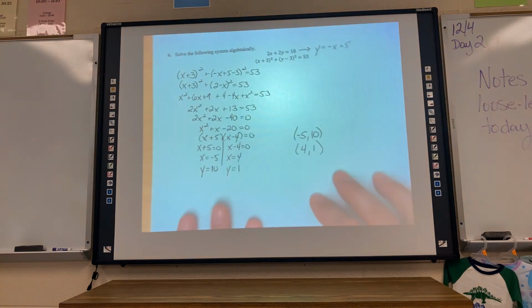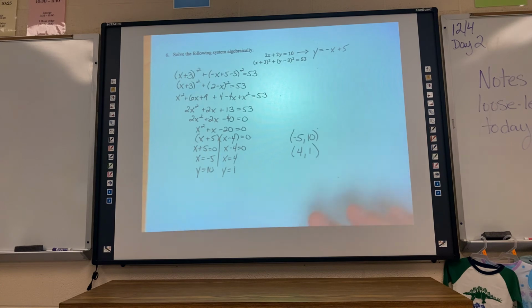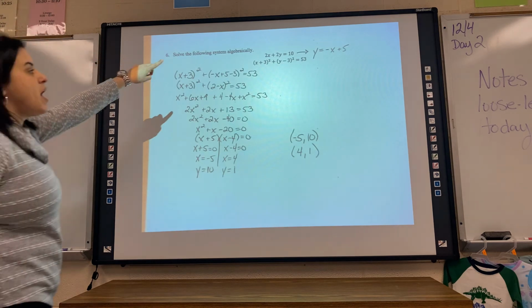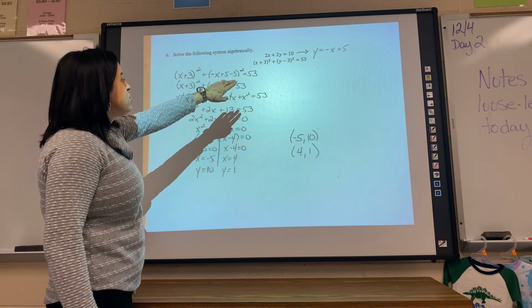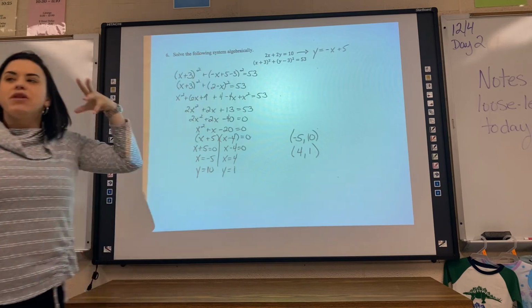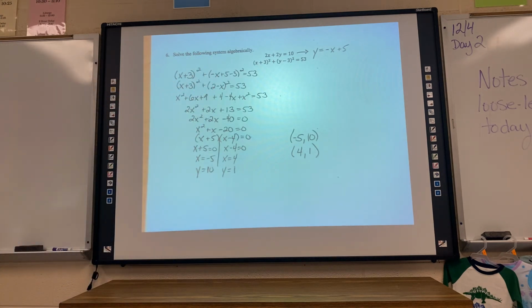Number 6 was a little bit more work. You should have gotten y equals negative x plus 5 as your linear solved for y here. So substitute that in for y right here. Simplify what's going on in the parentheses and then square it. Expand it.